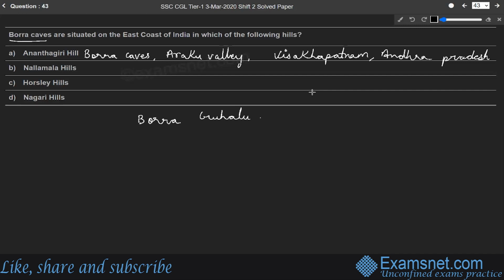Next option is Nallamala Hills. These hills are also known as Nallamala Range. And they are the main section of Eastern Ghats. Nallamala Hills spread across several districts of Andhra Pradesh and Telangana.